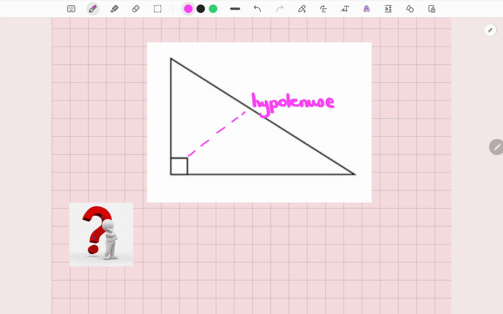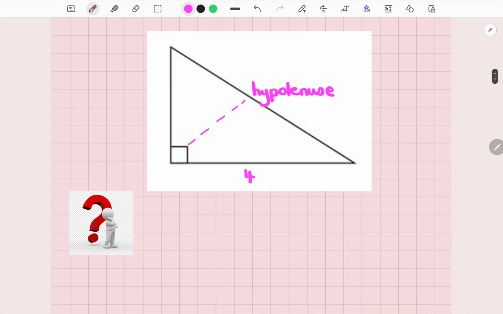If you take this side, I'm just going to call it 4 centimeters, and this one represents 3 centimeters, and you take the two shorter sides, the two sides always touching the 90 degrees, square them and add them together, it gives you the hypotenuse squared.